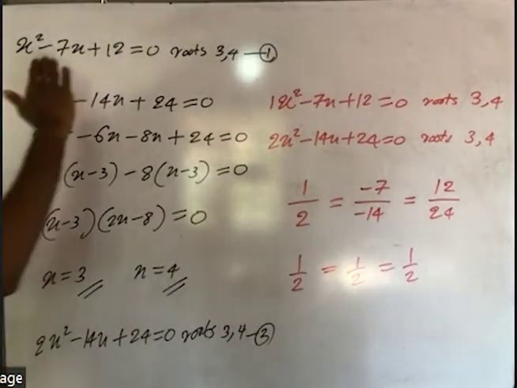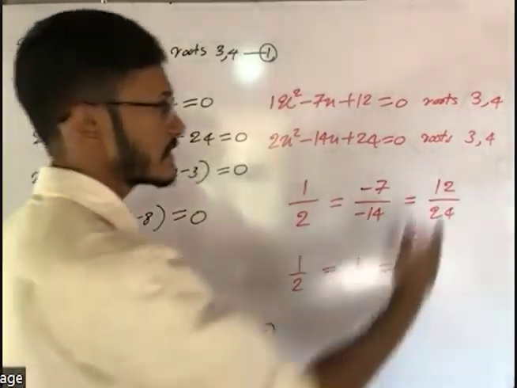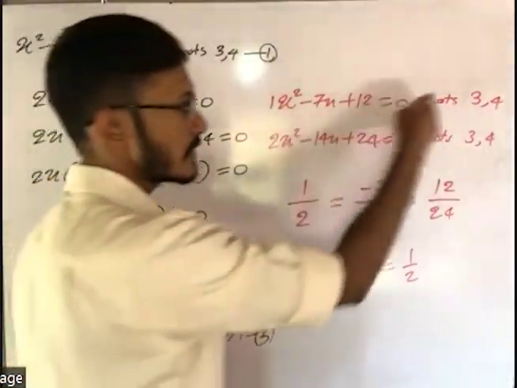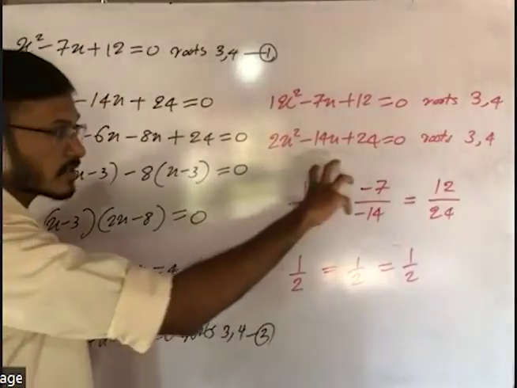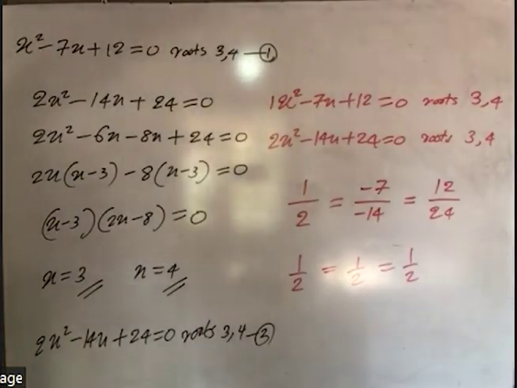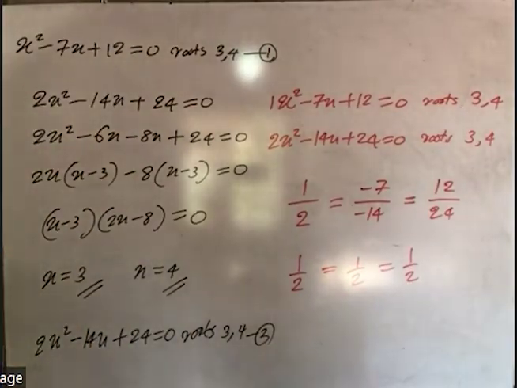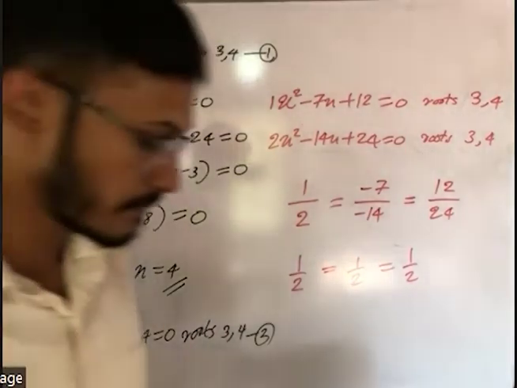So if there are two quadratic equations with equal roots and they are in the standard format, then the coefficients of those two equations are directly proportional. That is a standard relation we are going to use. So write down: coefficients of corresponding terms are directly proportional.